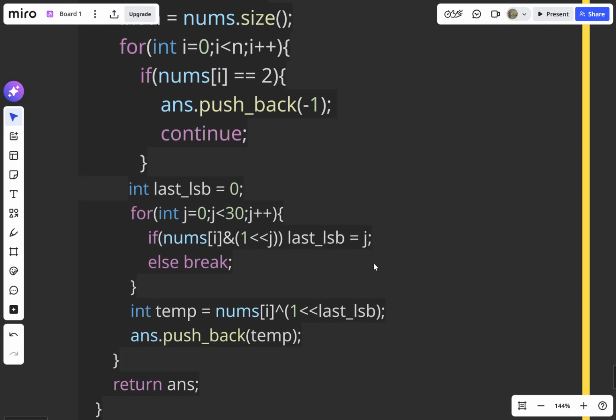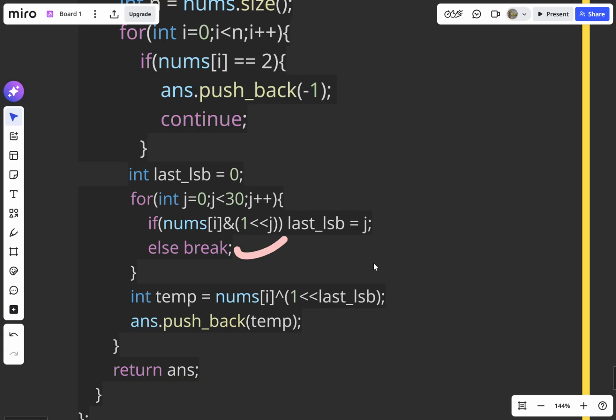If it is not 2, then we will find the last LSB. We will traverse continuously from the right-hand side of the binary representation. Then we will check whether any bit is unset. If any bit is an unset bit, then we will break.